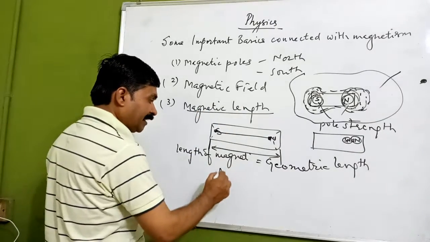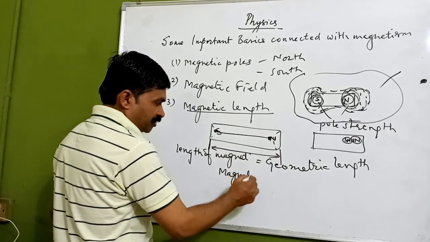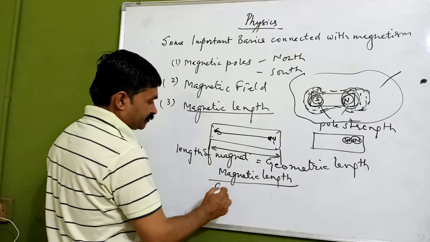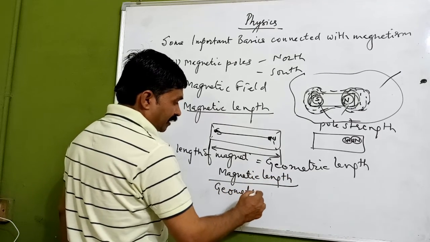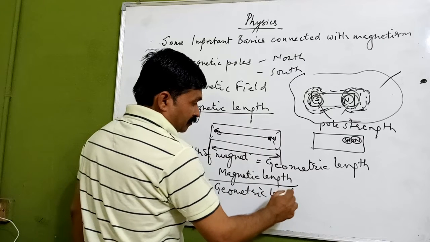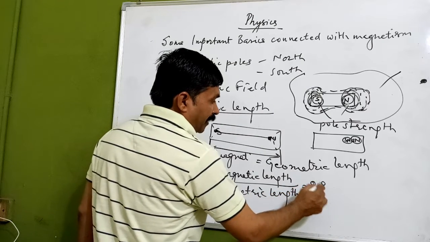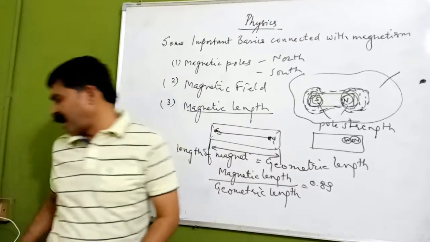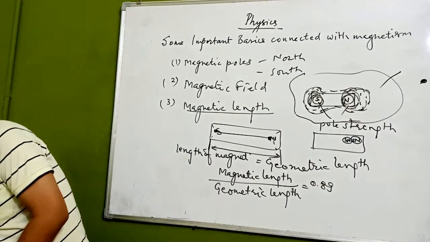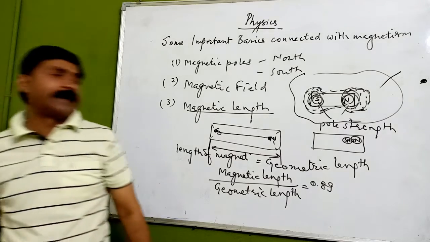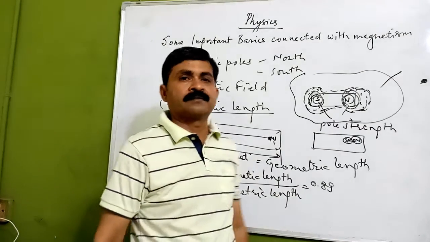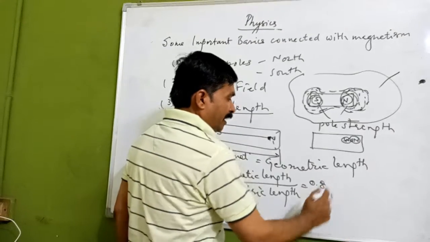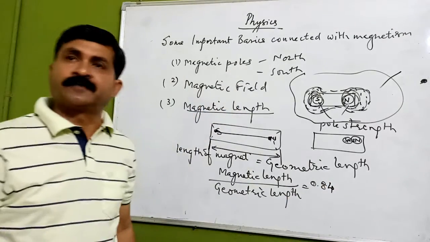And if we go with the relationship, we have magnetic length divided by geometric length, which is nearly 0.84.